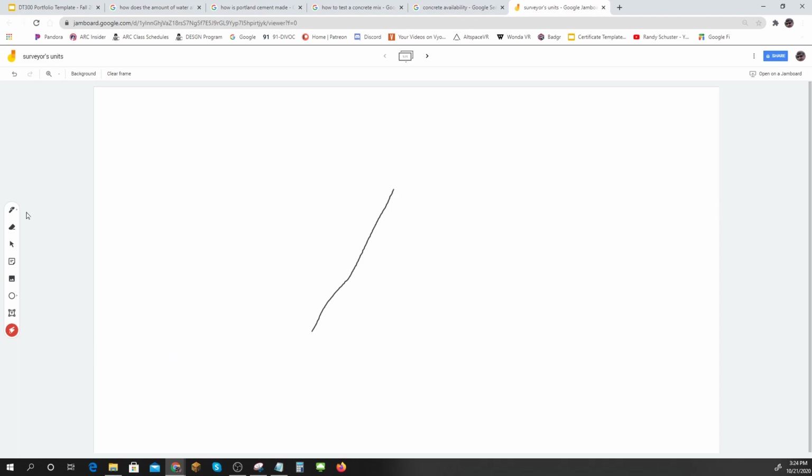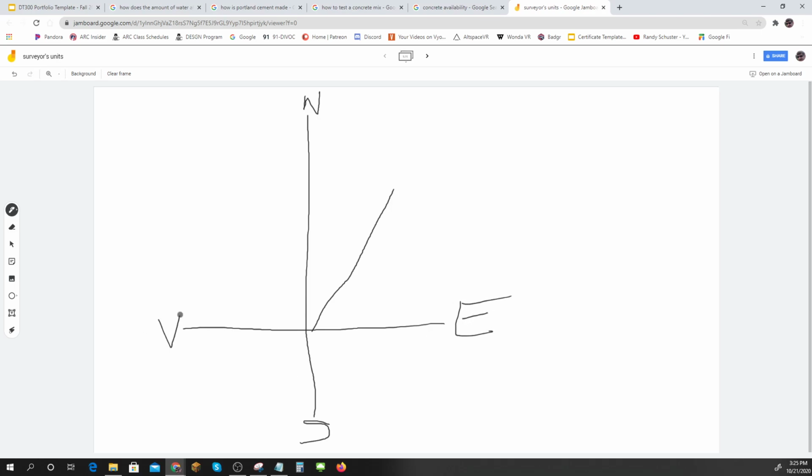The first thing that we have to know is that the standard AutoCAD direction is north, south. And that the secondary direction is east and west.